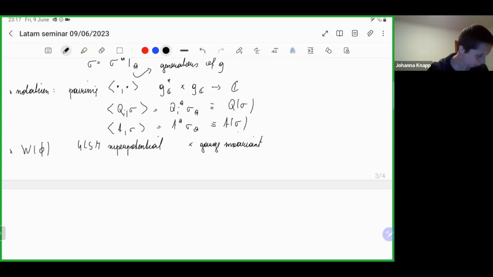So you have that W of phi, after a gauge transformation, where in this case this is not the Lie algebra but the group element, is invariant. And it has U(1)_V charge non-zero, and the standard convention is to have two.